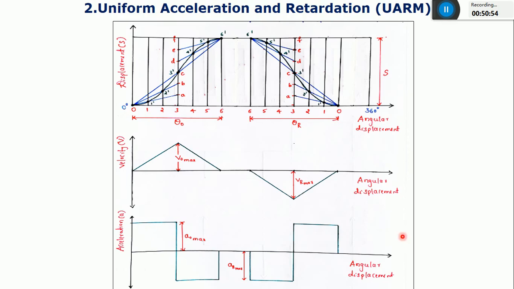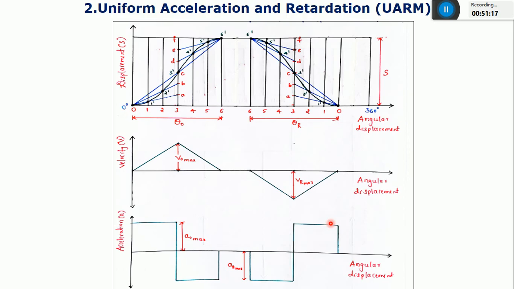So from this graph, that is acceleration versus angular displacement, you can consider that the acceleration is uniform and the deceleration, which is nothing but a retardation, is also uniform during the rising time of the follower, and during the returning of the follower also the same. Uniform retardation and uniform acceleration.